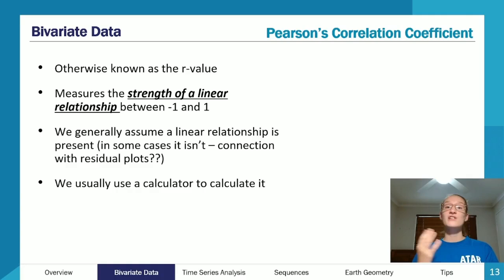And like I said before, we generally assume a linear relationship is present, but in some cases it isn't. And a residual plot is how we can figure that out, so making that connection again. And when we're calculating R values, we usually do use a calculator because it is quite a painful process by hand. But there are little tricks and strategies you can use to speed up that process if you do need to calculate it by hand, but we won't be going into that today, just for the sake of time.